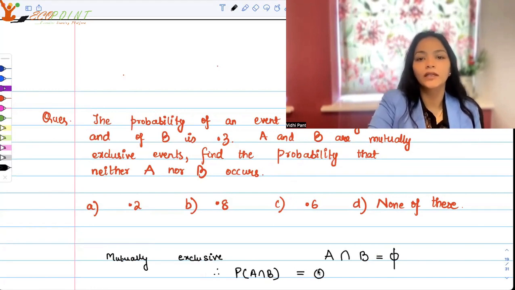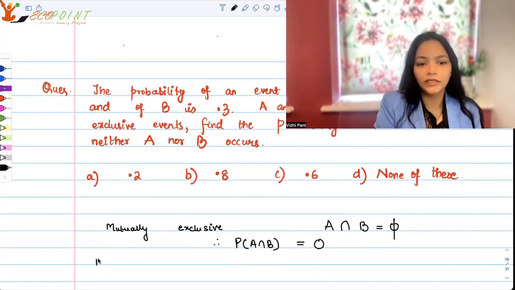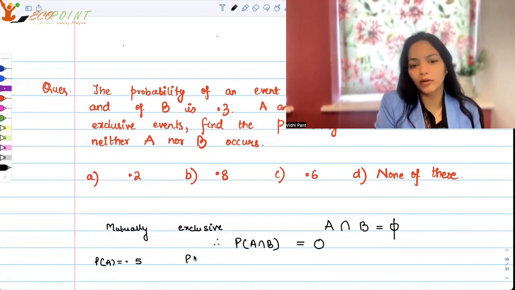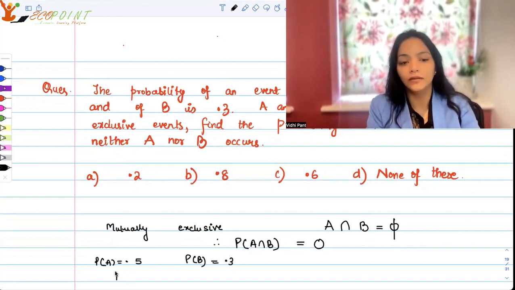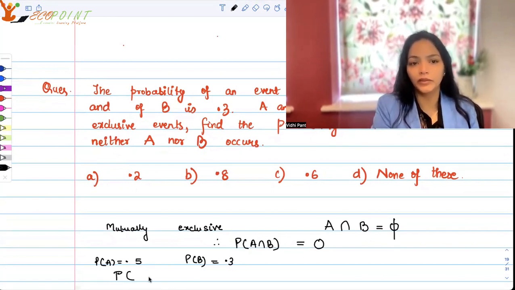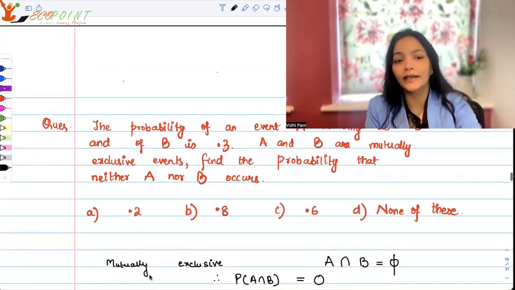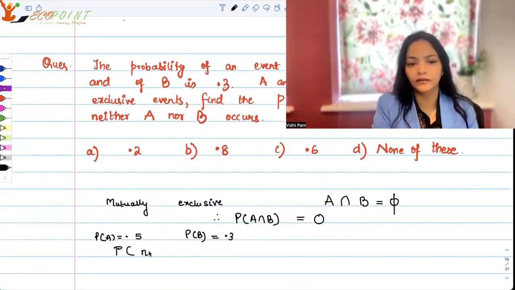Okay. Now what is given to us is probability A is equal to 0.5, probability B is equal to 0.3. And very important, we need to find out the probability that neither A nor B occurs.